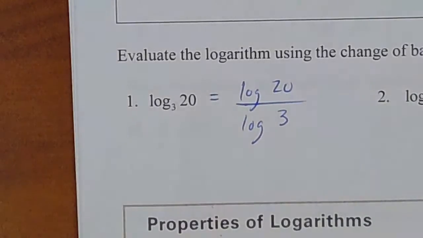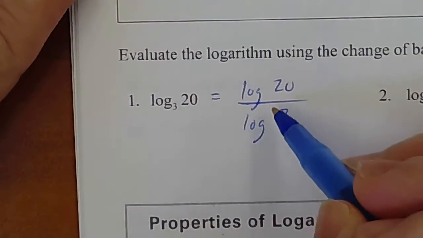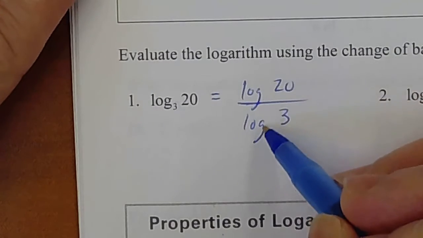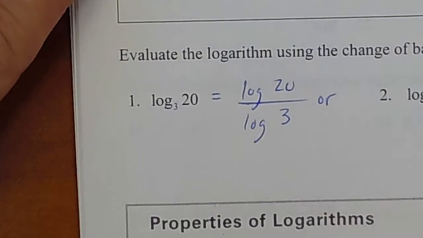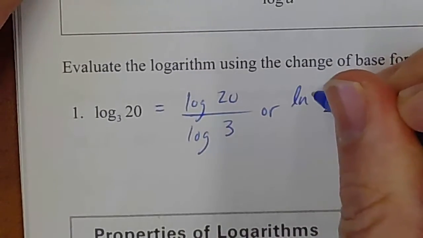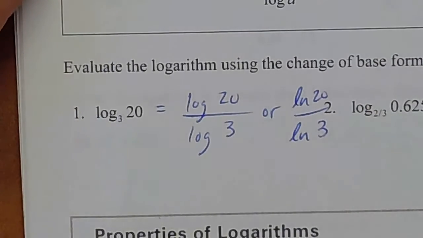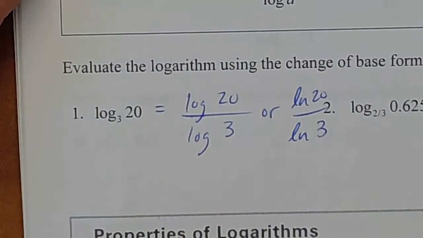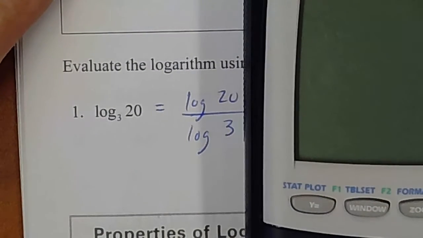And that's why they call it the change of base formula. I just changed it from base 3 to, remember, if it's not there, it's base 10. Or another way to do this is to also use the natural logarithm. I could say ln 20 divided by ln 3. And then I'll show you how I can punch this in now.